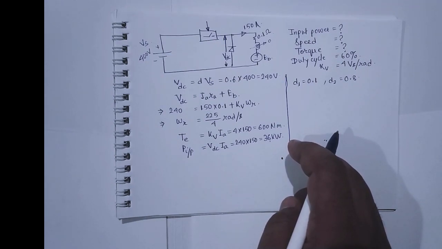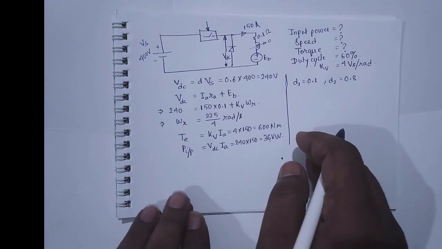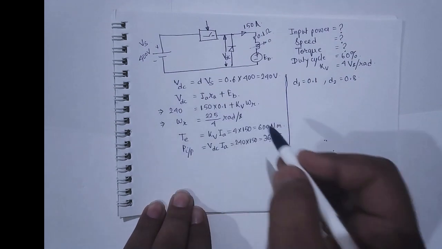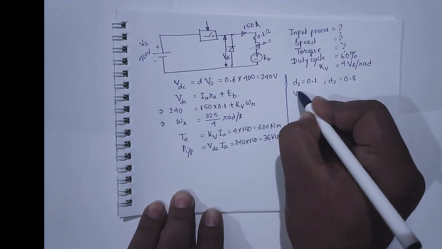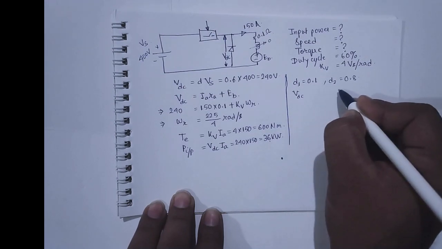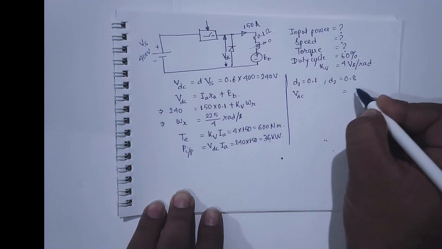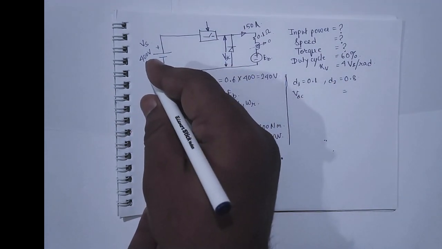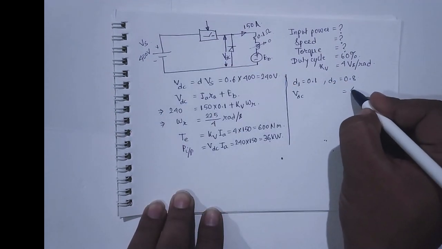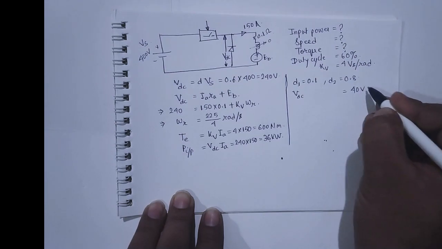So we will use the same equation. If D1 is 0.1, then VDC1 will be equal to 10% of 400 volt, that is 40 volts.